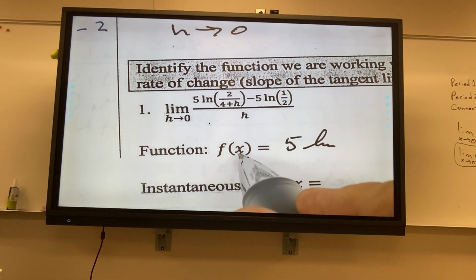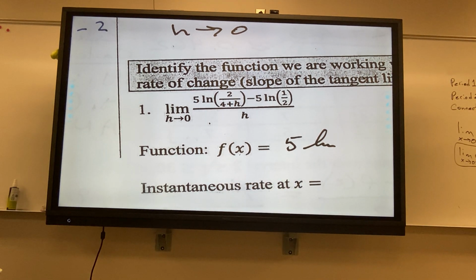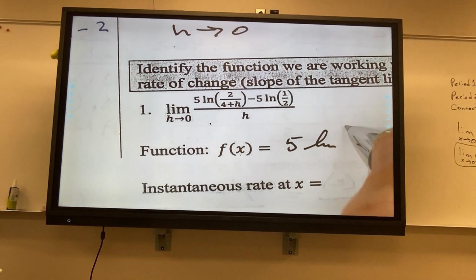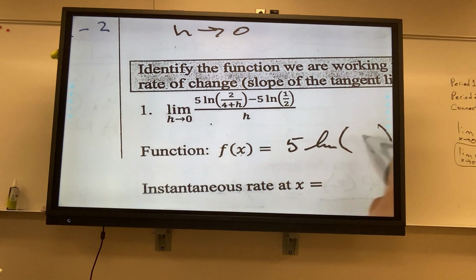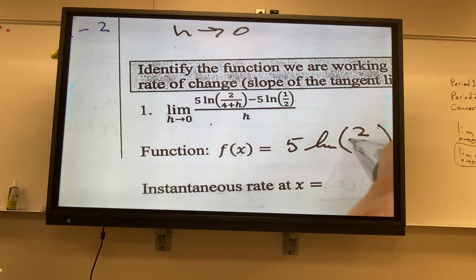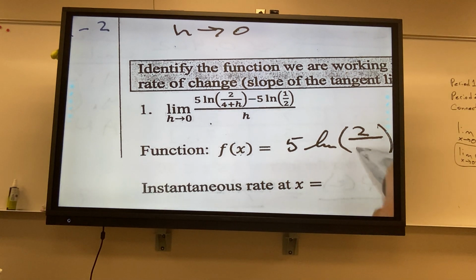Remember, it's got to be in terms of x, correct? Is there parentheses? Yes. 2 over x. I'm going to say x.